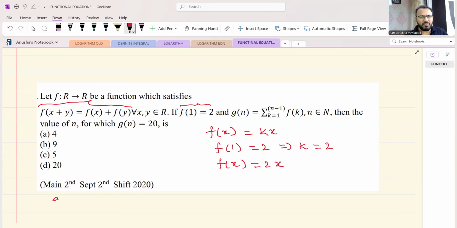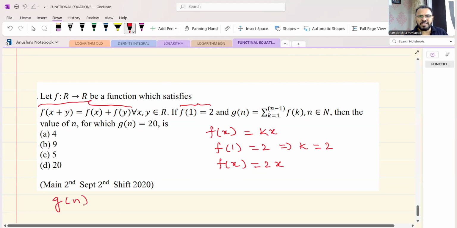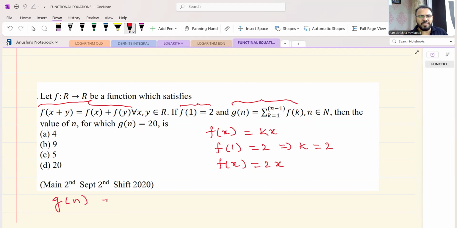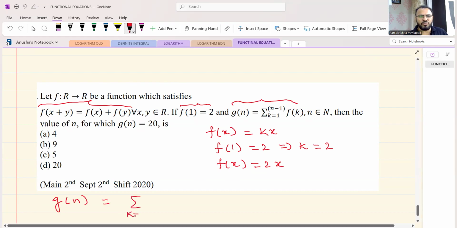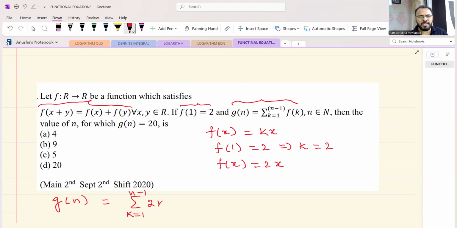What is g of n? G of n equals the summation of f of k, where k is running from 1 to n minus 1. So what is f of k? F of k is 2k. Except for the 2, this is the sum of the first n minus 1 natural numbers, that is n into n minus 1 by 2.